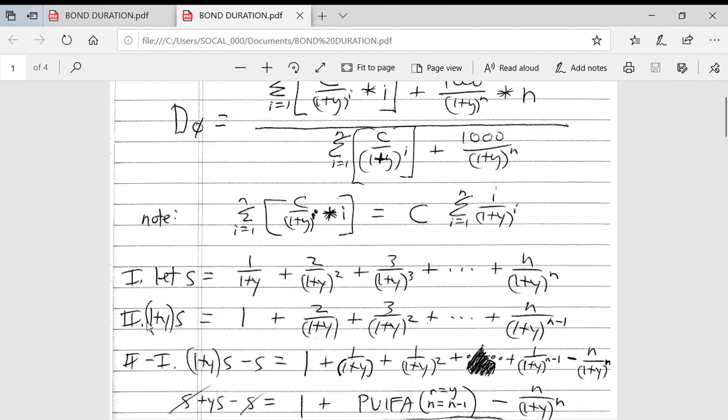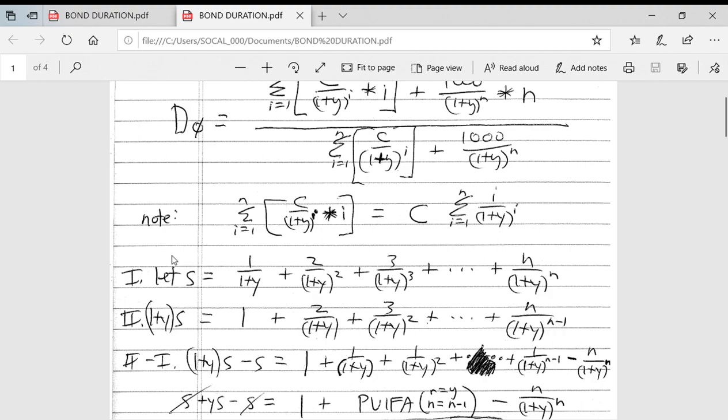So the left-hand side I have (1 plus y) times s, and here I have 1 plus 2 over (1 plus y) plus 3 over (1 plus y) squared, because I'm multiplying 3 over (1 plus y) cubed times (1 plus y), so I get 3 over (1 plus y) squared, plus, plus last term, multiplying this by (1 plus y), you get n over (1 plus y) to the n minus 1.